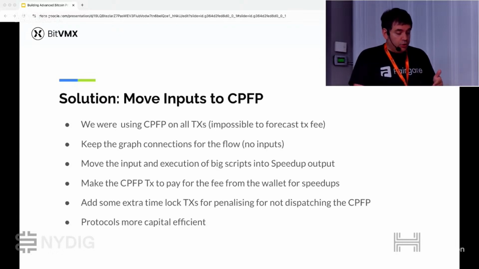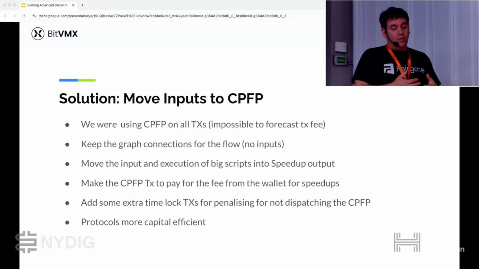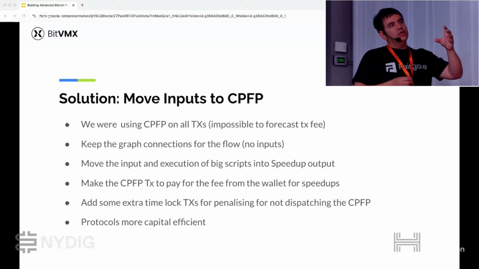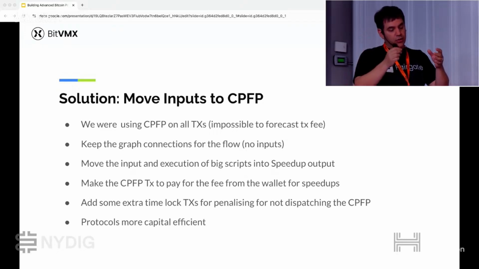So the solution was to move the inputs into the child-pays-for-parent transactions. The idea here is that we were already using child-pays-for-parent transactions because it is impossible to forecast the transaction fee in advance. So we need to send the transactions, being able to pay for them with an independent wallet, and that enabled us to move the conditions that were checked as part of the flow of the transactions into the spend of this child-pays-for-parent transaction.